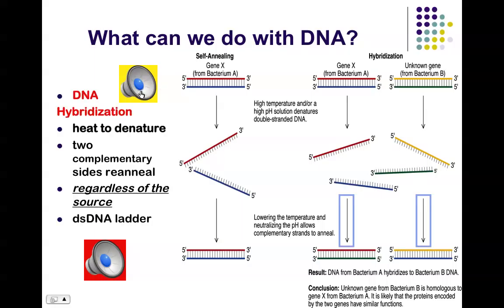Now, what are some of the things that we can do with DNA? If we simply take a look at the physical chemical properties of DNA, that's the heart, or essentially the root, of how we're going to be able to manipulate, and this is how nature has been doing it for billions of years, the DNA or hereditary material inside of an organism.